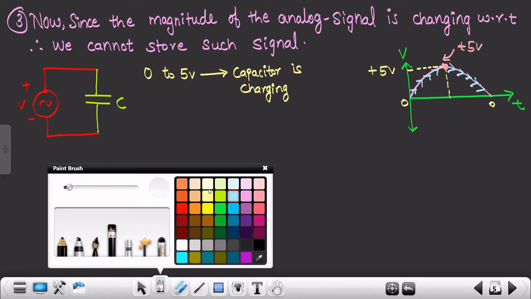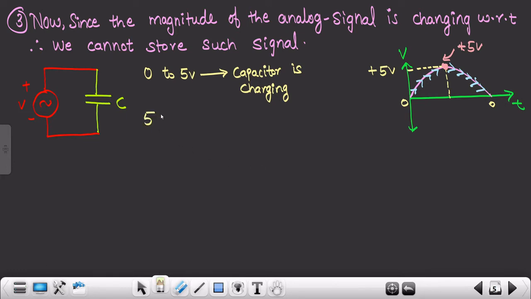So from 5 volts to 0 volts, what exactly is happening? At exactly 5 volts, the capacitor was charged, right? But as this waveform decreases from 5 volts to 0 volts, the capacitor discharges.